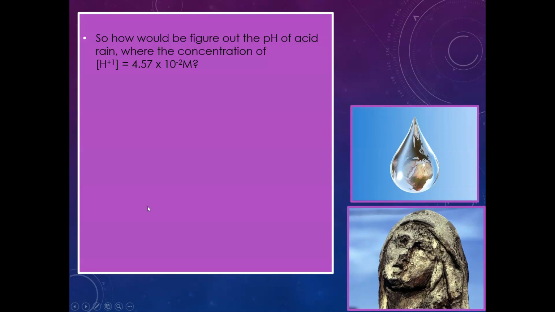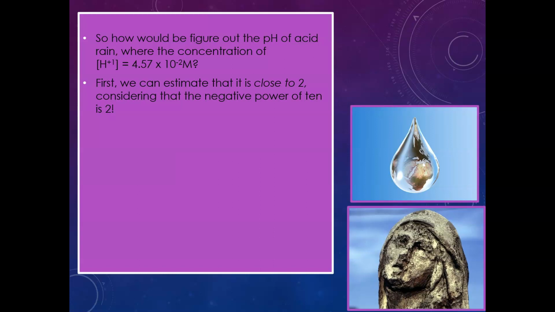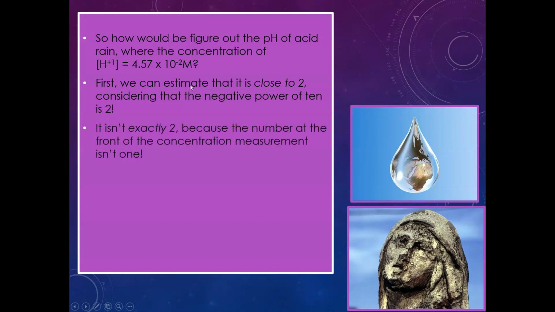So if I have acid rain and I have the concentration of hydrogen ions as 4.57 times 10 to the negative 2, and that's our molarity, then I can go, okay, well that's going to be close to 2 for my pH value. I can put it in my calculator and get an exact value because that's not going to be exact, since this is 4.57, not 1.